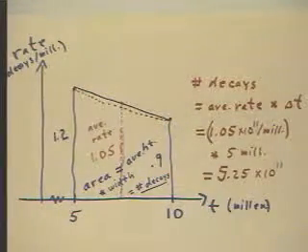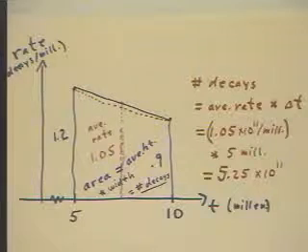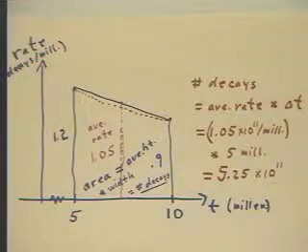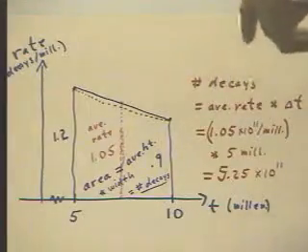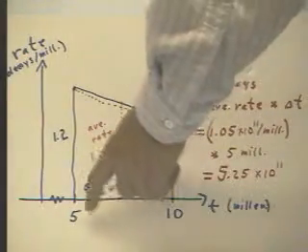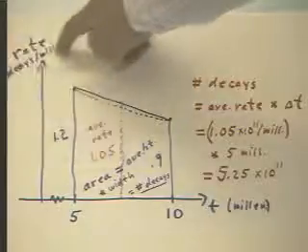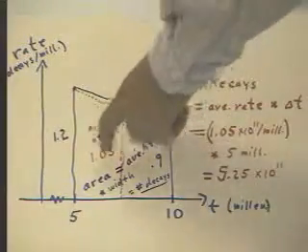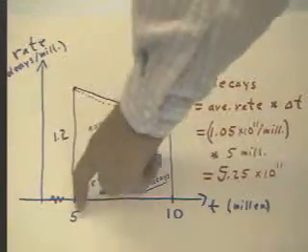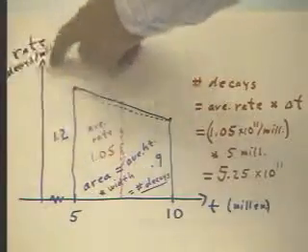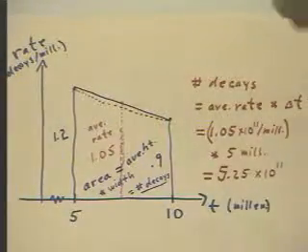Here we're going to take a closer look at the way we calculated the number of decays over one of the millennia. If you recall, after 5 millennia, the rate at which the sample was decaying was 1.2 times 10 to the 11th decays per millennium.